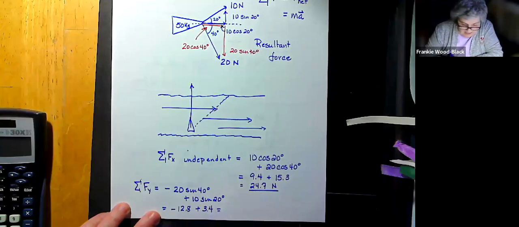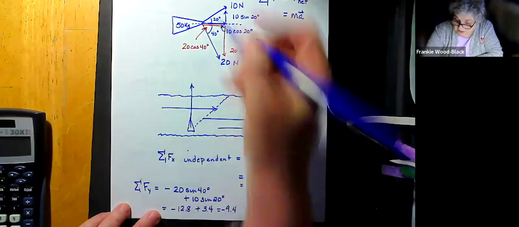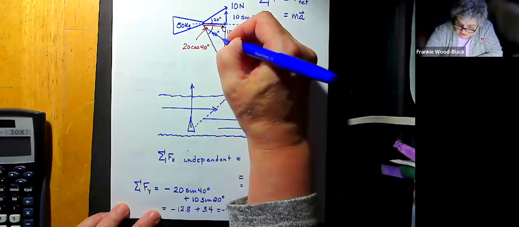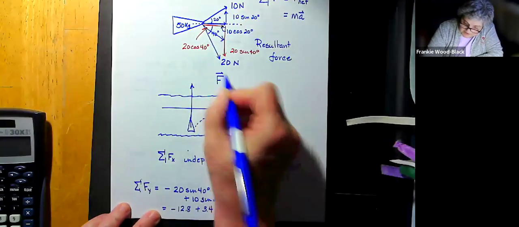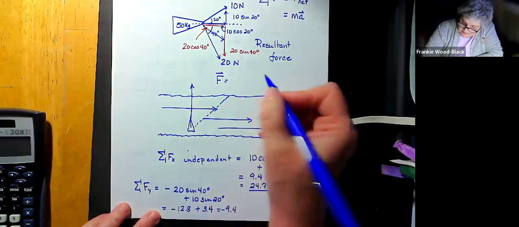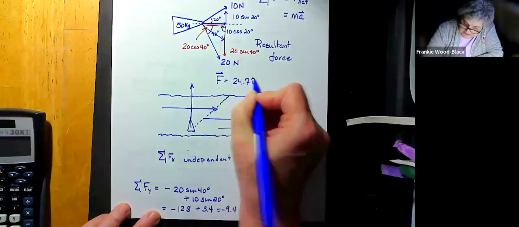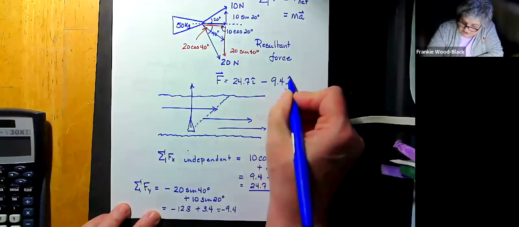It gives me a negative 9.4. So we know my resultant force is going to be somewhere over here, and I'm going to write my vector as 24.7 in the i direction minus 9.4 in the j direction.